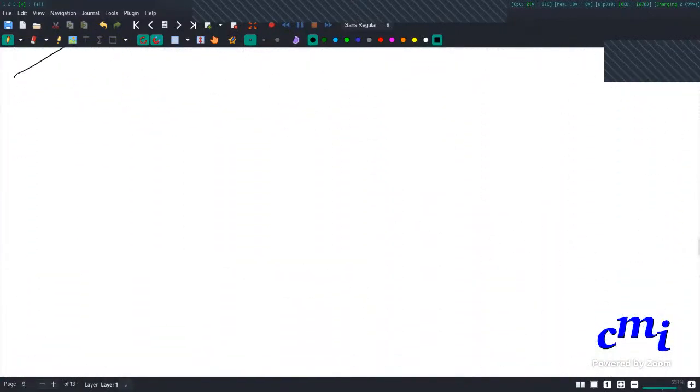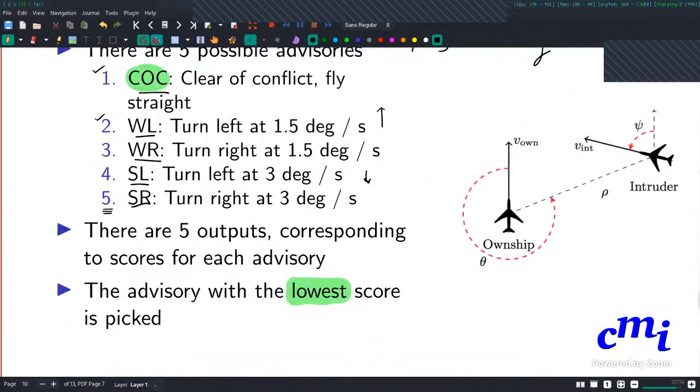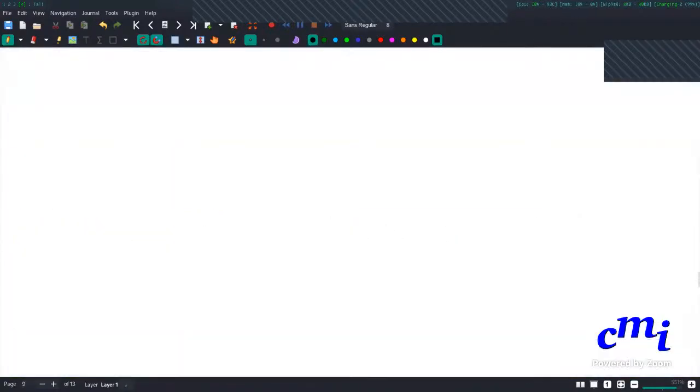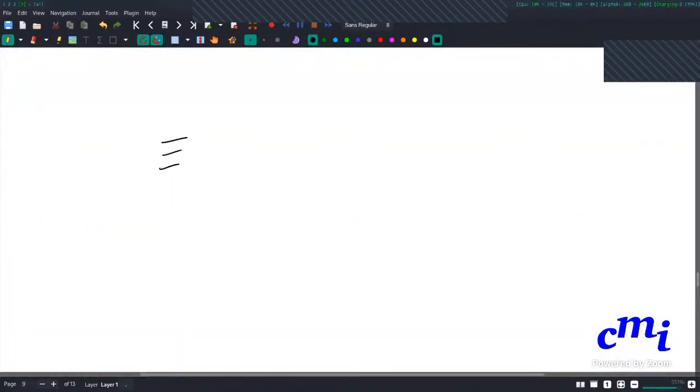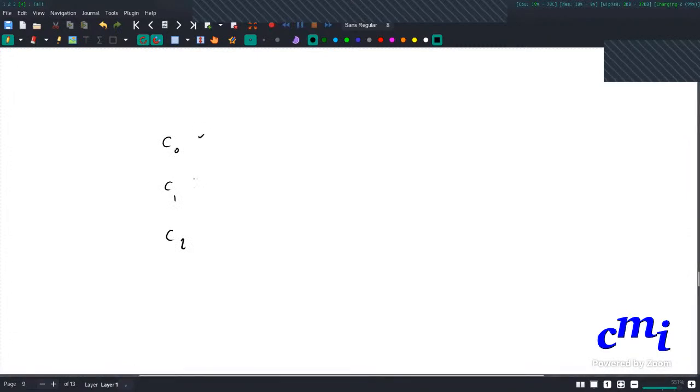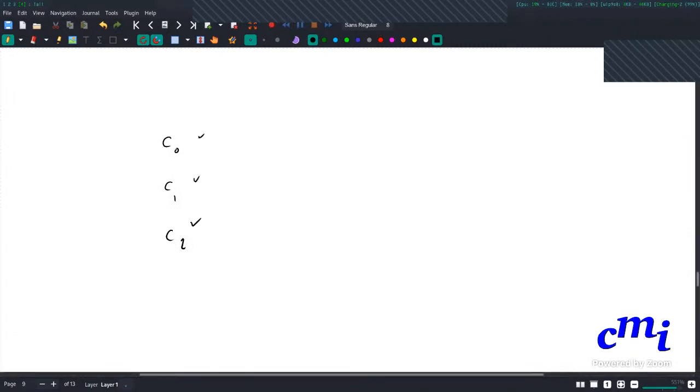So I'll tell you what. In normal neural networks, we get the output and then somehow convert it. Let's say you've got 3 classes. You get some outputs for each one of them, and then we interpret that as a probability distribution.